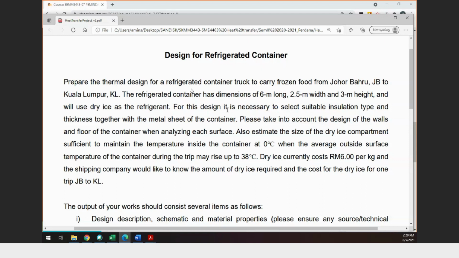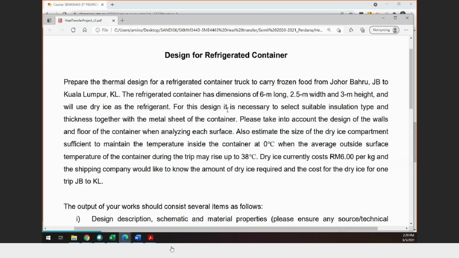There are many types of insulator. Whether you want to use polystyrene, fiberglass, or air, very common insulators.